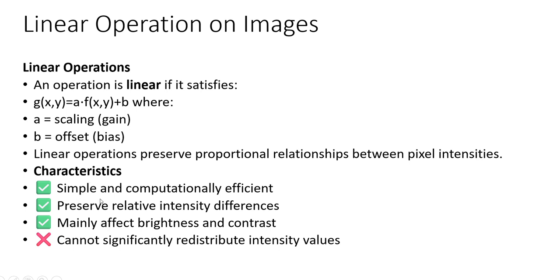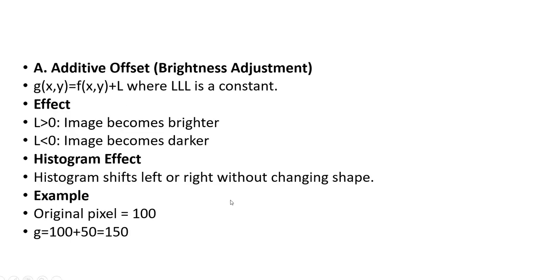These are simple and computationally efficient, and they help to preserve intensity differences. Consider one example: additive offset. Here I add some value to a pixel so that it becomes brighter.